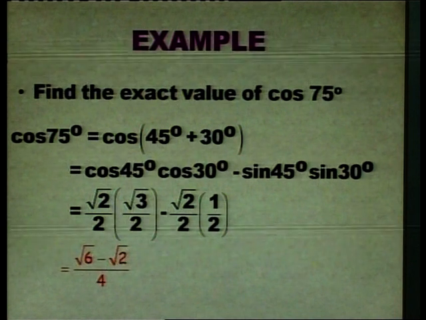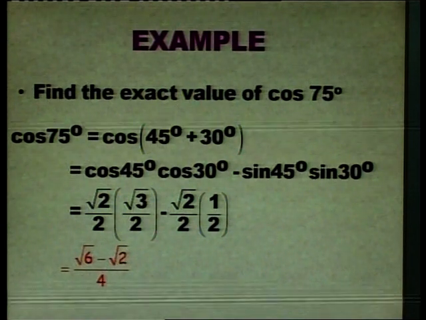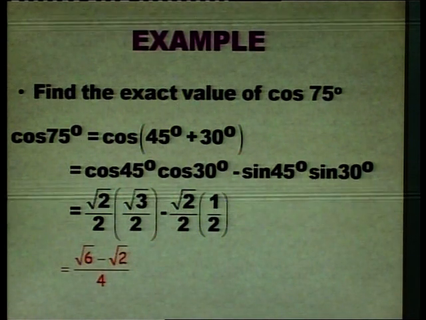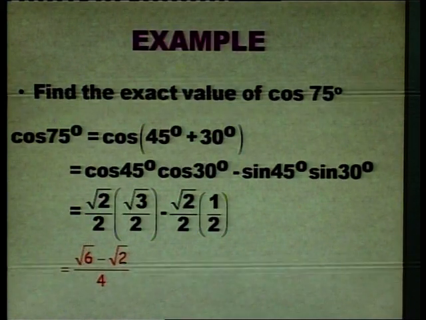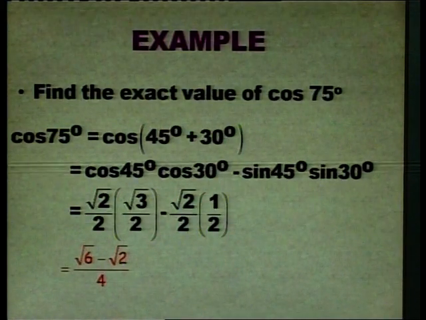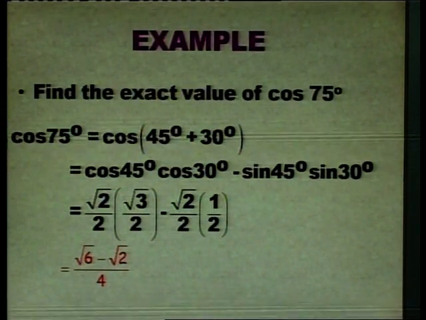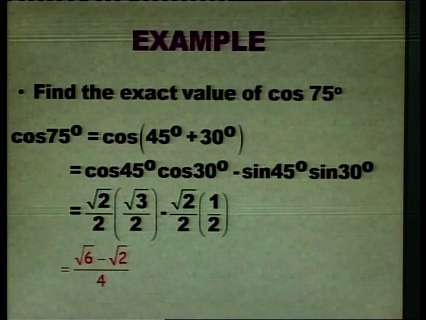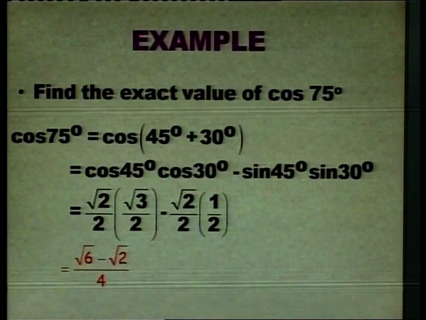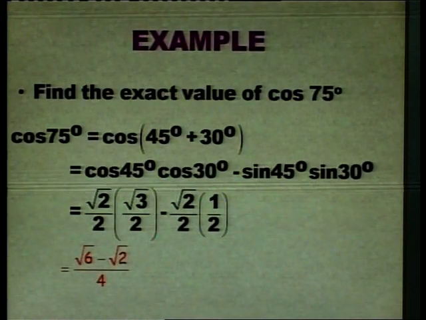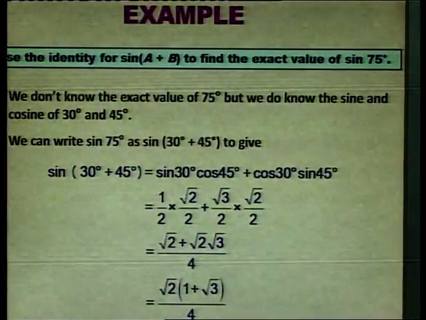So, without using this formula, you could have directly written this value, but there also you have to find the value of sin 15°. Either you find sin 15° or cos 75°, you have to work it out in the same fashion.